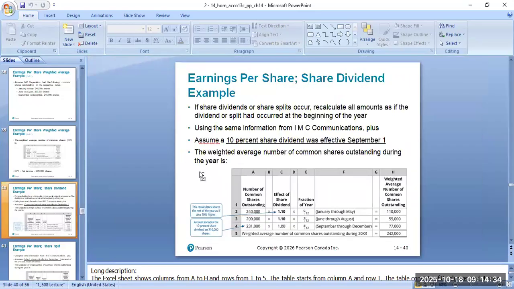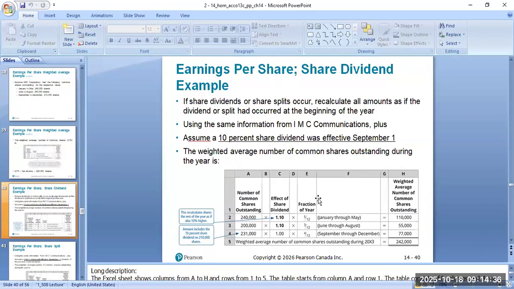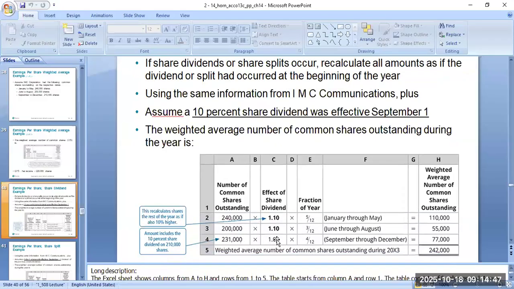Now, what's going to happen if the company decides to declare a share dividend? The share dividend in this case is 10%. So once the company declares the 10%, from that point going forward, the number of shares will be whatever the number of shares is with the 10% increase.